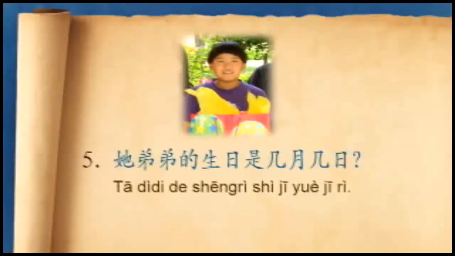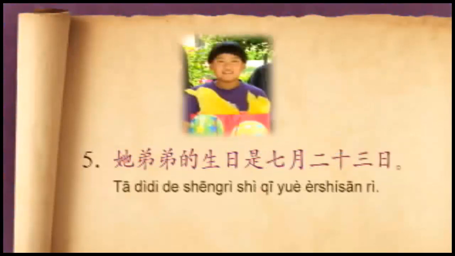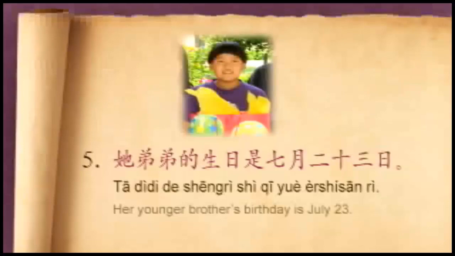Question 5. 他弟弟的生日是几月几日？他弟弟的生日是几月几日？What day is her younger brother's birthday? The answer is 他弟弟的生日是7月23日。Her younger brother's birthday is July 23rd.